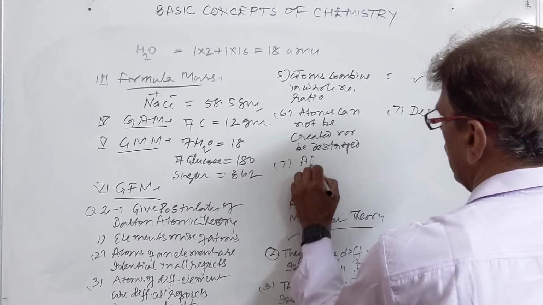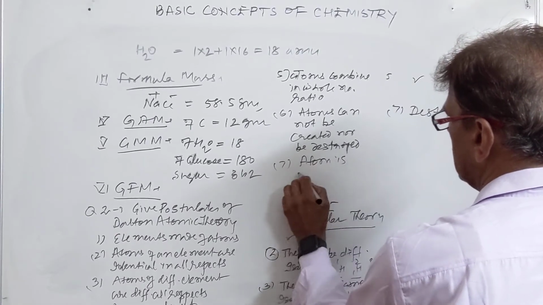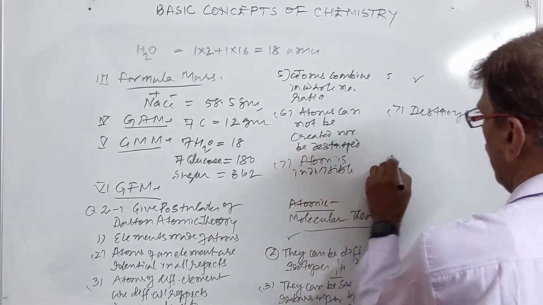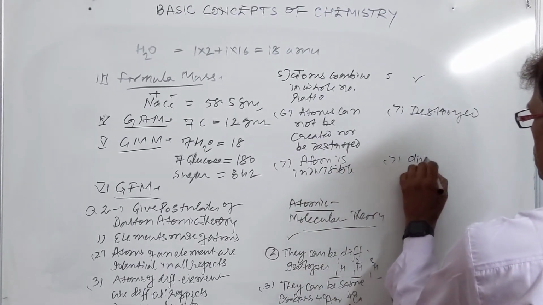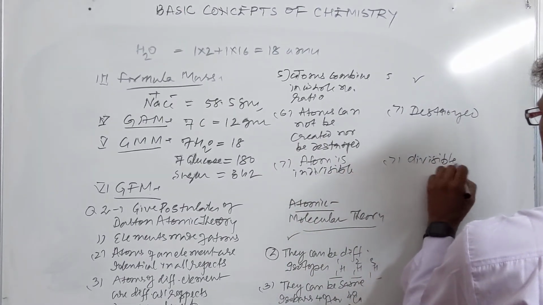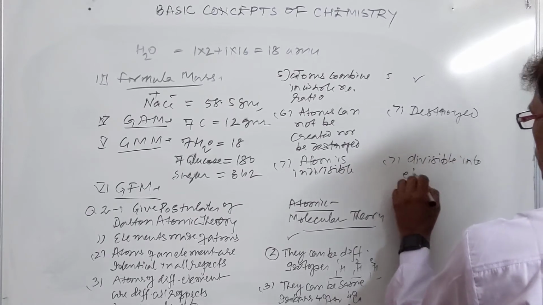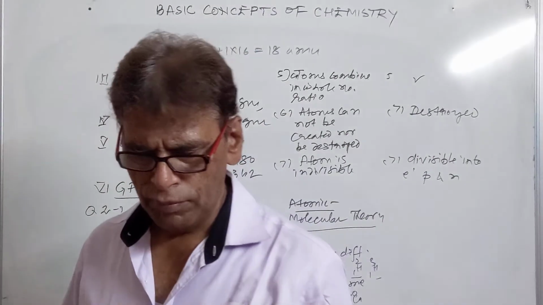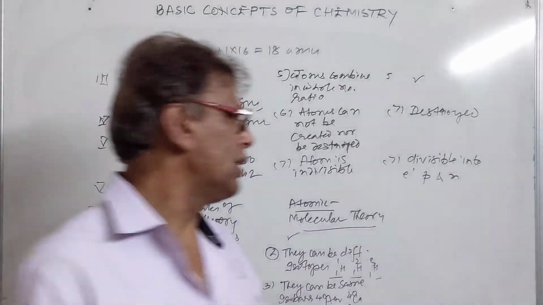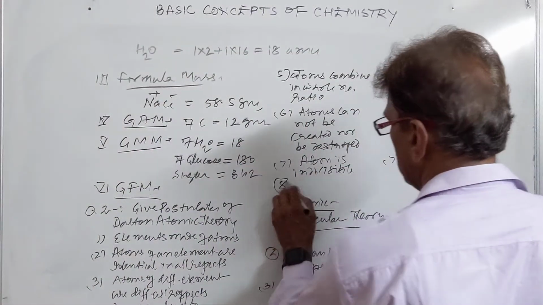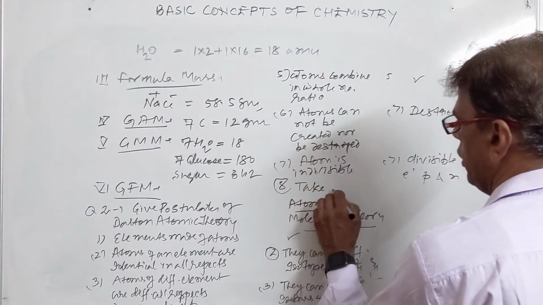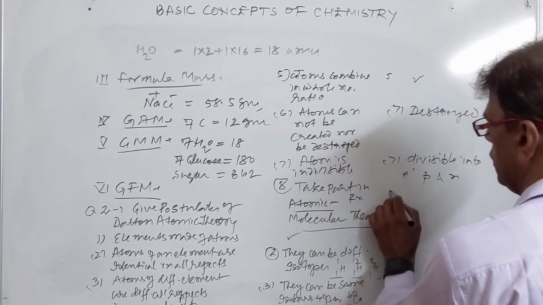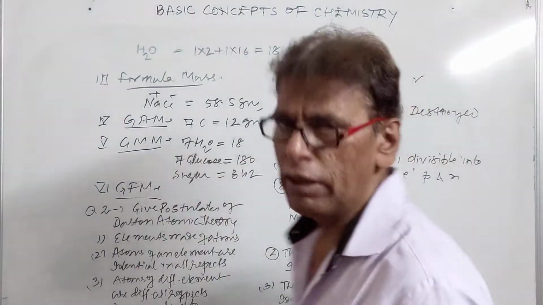Seventh postulate, atom is indivisible. Now it is divisible into electron, proton, neutron. And atom is the smallest particle which takes part in chemical reaction. This is okay in both theories.